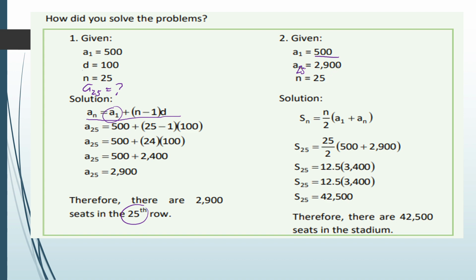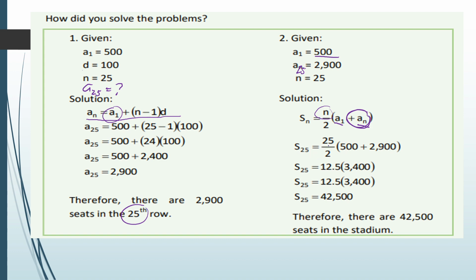Suppose you don't know the a25, use the longer formula. Since we already know the last term, which is 2,900, we can use the shorter one. Remember, in arithmetic series, we have the shorter one, which has the first and last term. If we don't know this part here, we have to use first the longer formula.